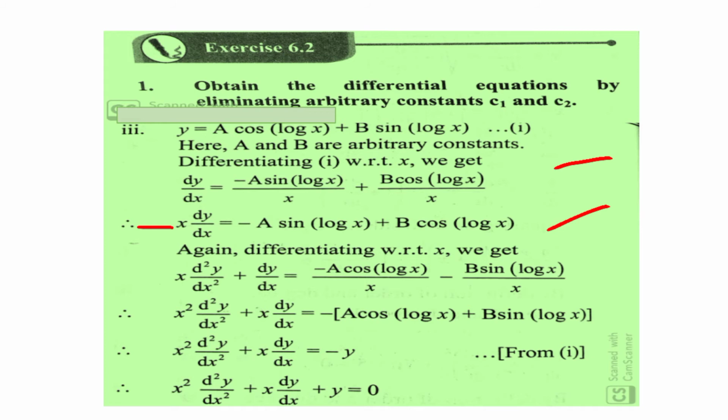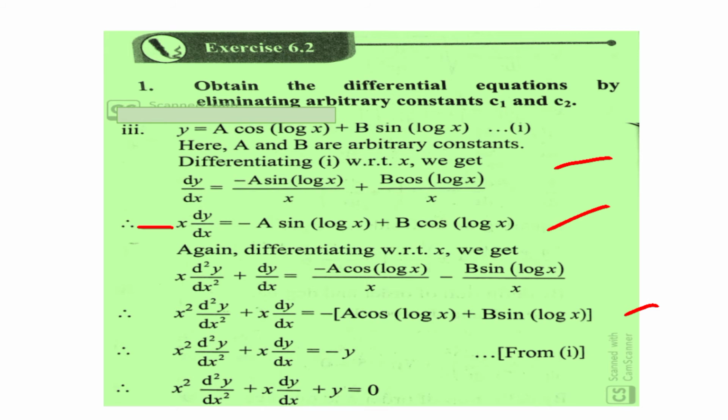This is equal to minus a, the derivative of sin is cos, so cos(log x)/x, plus b, the derivative of cos is minus sin, so minus b sin(log x) into the derivative of log x, which is 1/x. Therefore x square d2y/dx square plus x dy/dx is equal to minus, taking the minus common in the bracket, a cos(log x) plus b sin(log x).